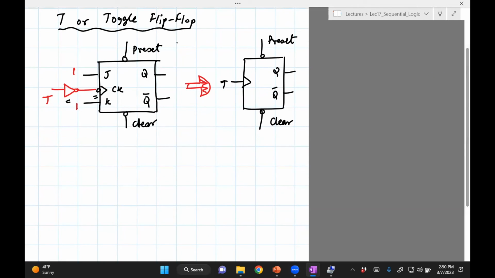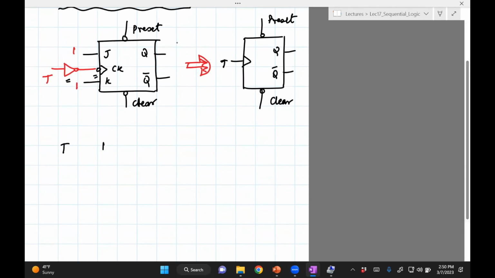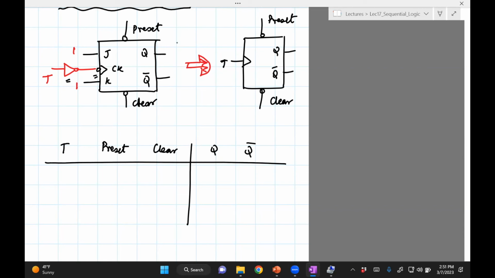Let's draw the truth table. Toggle, preset, clear, Q. Okay, so remember that the toggle is on the clock. So it is going to be positive edge triggered. So this is the useful input. Preset clear 1. If preset clear is 1, and this is a positive edge triggered, which means that we will get something useful to happen, because when you have the trigger as positive for a positive edge trigger, something happens.